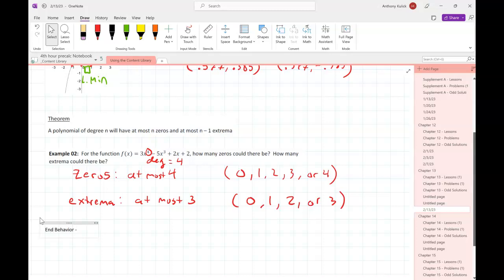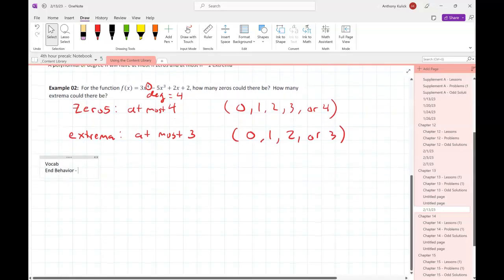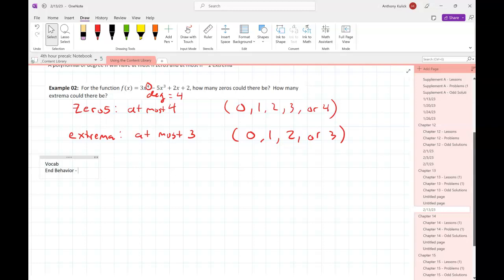Another piece of vocab here. That's going to be end behavior. Does anybody remember what end behavior is describing? This would have been something we talked about last year in Algebra 2 class. What do you guys think?